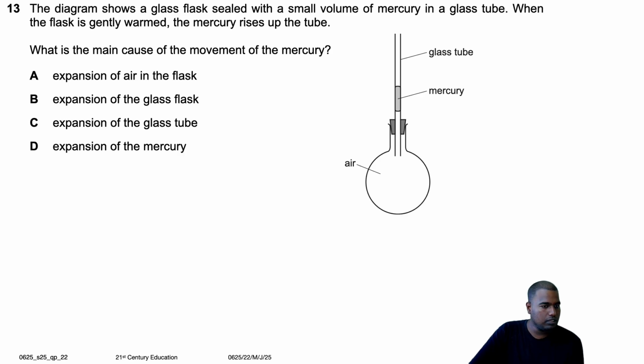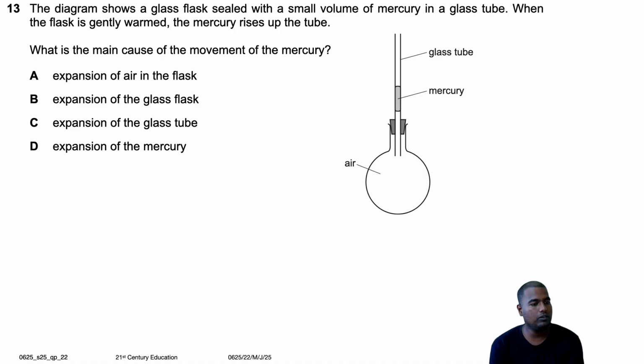The diagram shows a glass flask sealed with a small volume of mercury in a glass tube. When the flask is gently warmed, the mercury rises up the tube. What is the main cause of the movement of the mercury? Expansion of air. We have to be slightly careful in this question. Why?